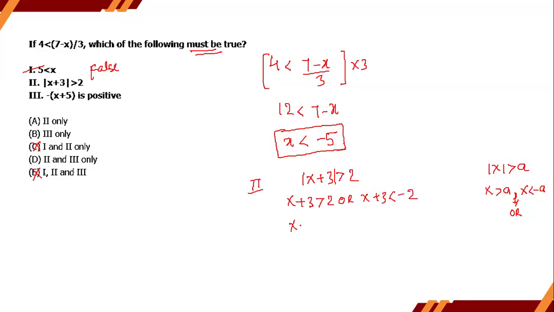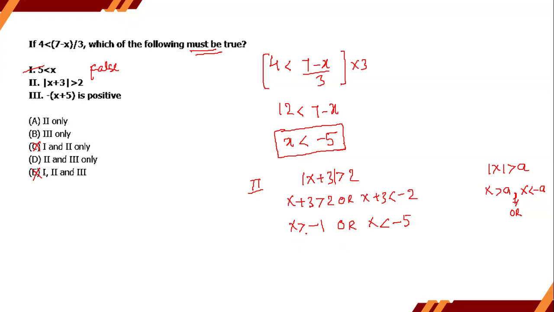So we get x is greater than 2 minus 3, that is minus 1, or x is less than minus 2 minus 3, that is minus 5. Now, as per the question, if x is less than minus 5, is this option always true? Yes, this is always true.